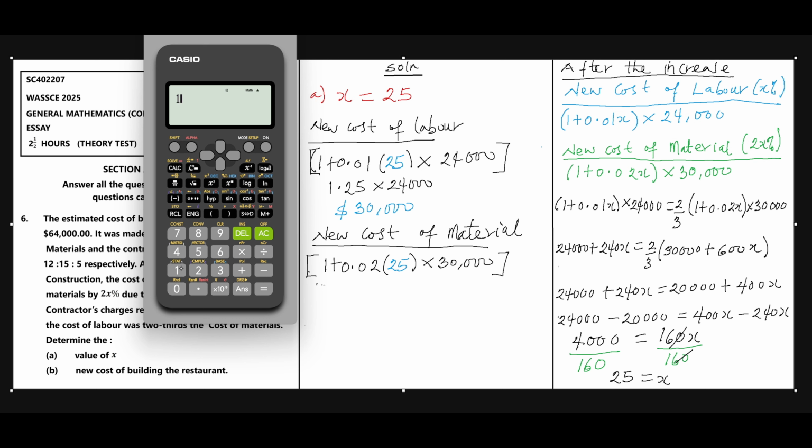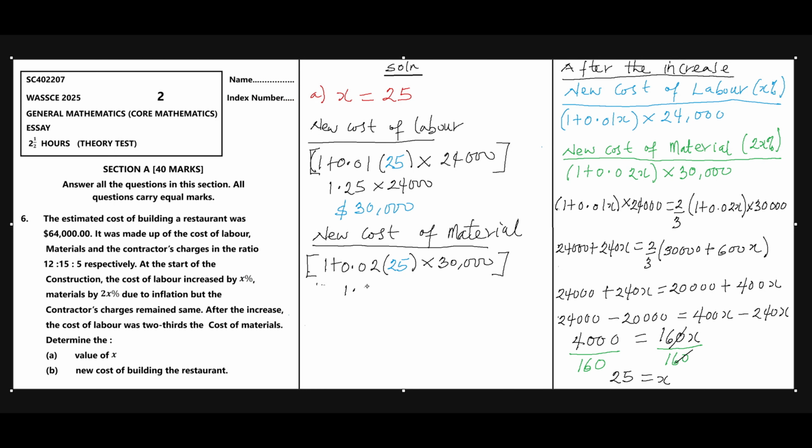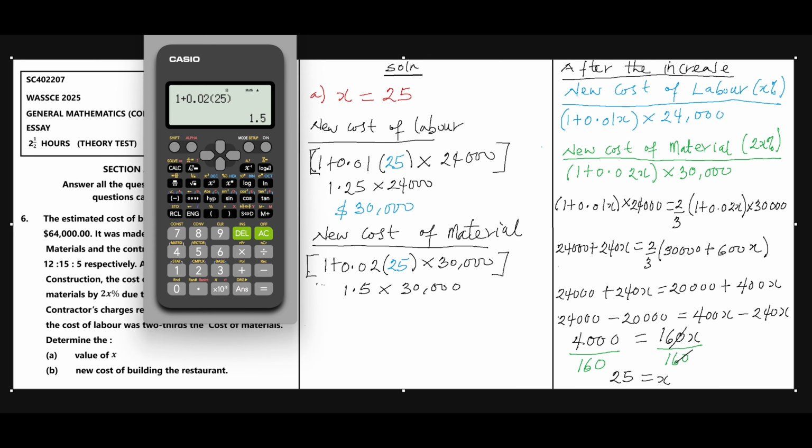So 1 plus 0.02 multiplying 25 is 1.5, multiplying 30,000.